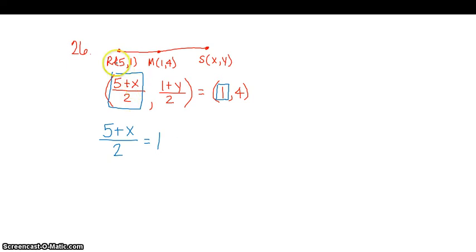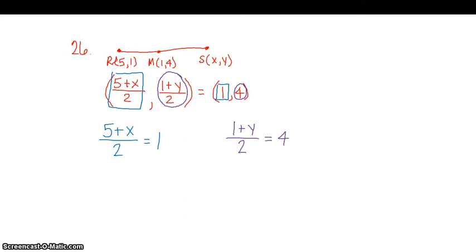When I add these two x coordinates and divide by 2, that gives me the x coordinate of the midpoint. My other equation is going to be the y stuff. This represents the y values in this big ordered pair, and this represents the y value in the midpoint. So (1 + y) all divided by 2 has to equal 4.